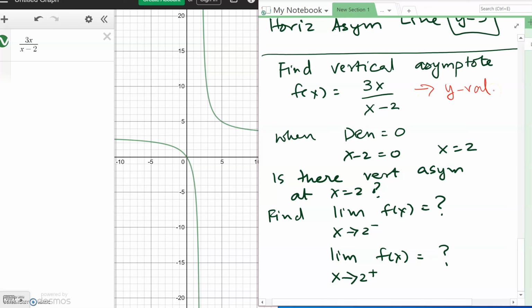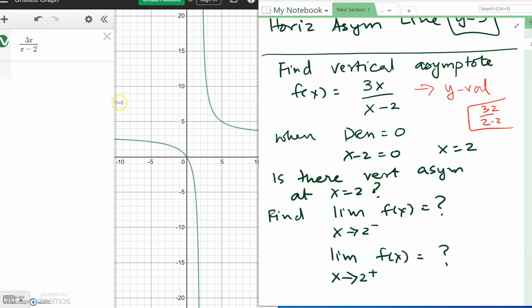As x approaches 2 from the left or from the right, what happens to the y value? Does it shoot up or down? We could use a plug-in technique here. If you plug in 2, it becomes 3 times 2 over 2 minus 2, which is undefined. So the plug-in method will not work here, and we're going to resort to the numerical method.